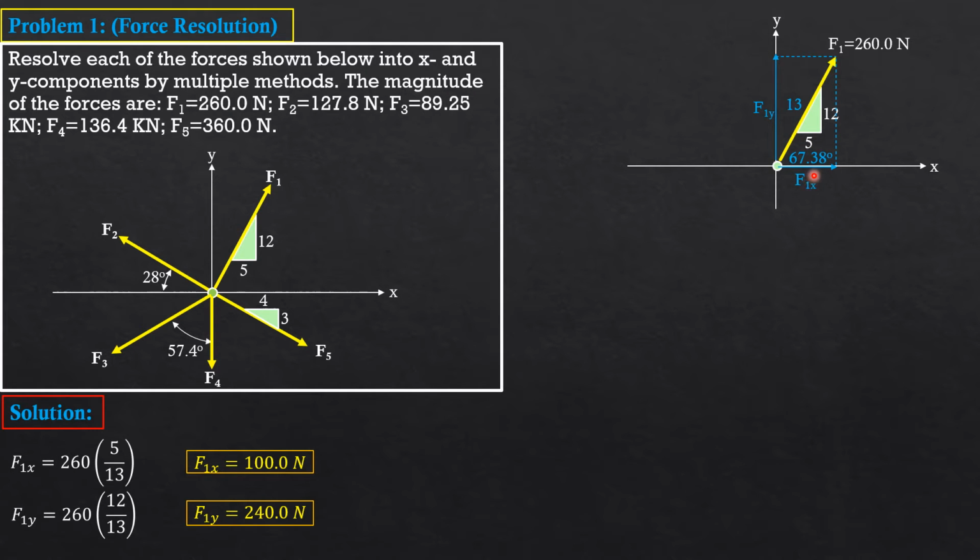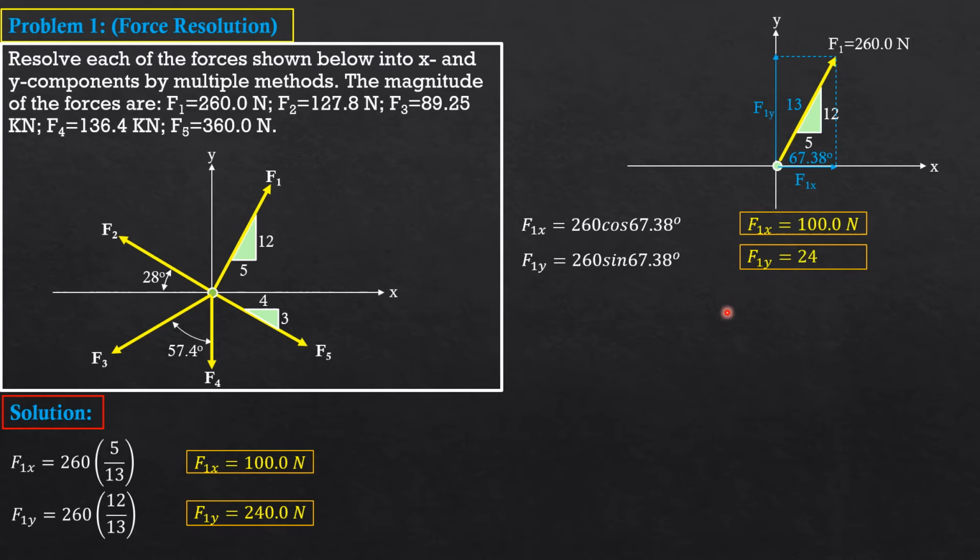Therefore, the x component F1x is the magnitude of the force times cosine of that angle. So F1x is 260 cosine of 67.38 degrees. So F1x is 100.0 newtons. F1y is 260 sine of 67.38. So that's the advantage because we don't need to think of the sign of the components. So it is also equal to 240.0 newtons.